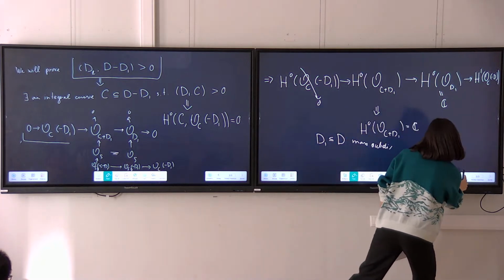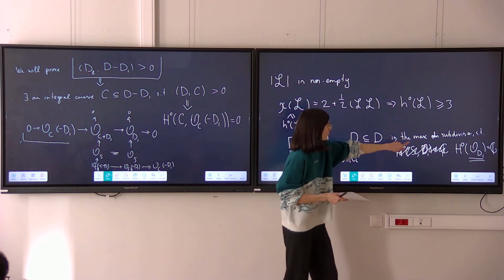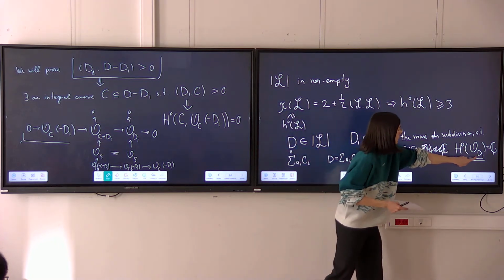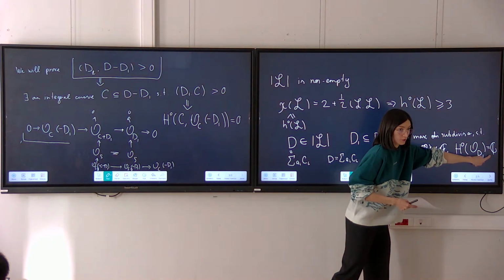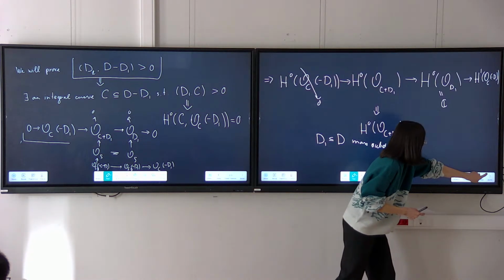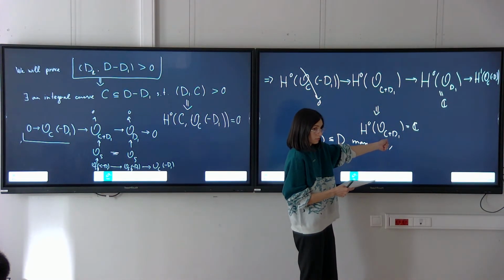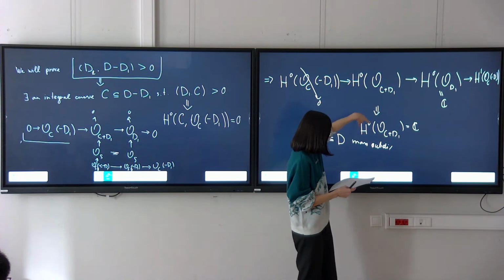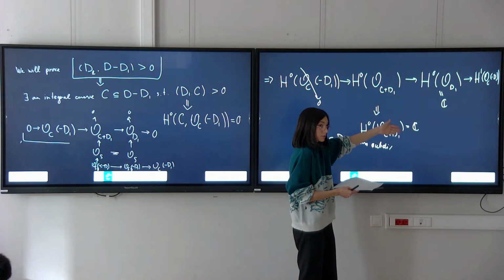So we suppose that D1 is the maximal subdivisor such that its structure sheaf has one-dimensional global sections. And now we proved that we can add to D1 a curve C, right? And global sections will still be one-dimensional. This is a contradiction with maximality.